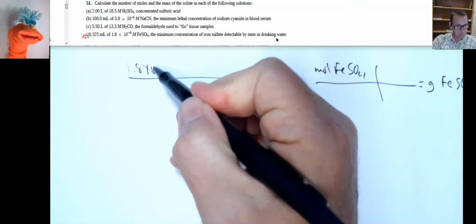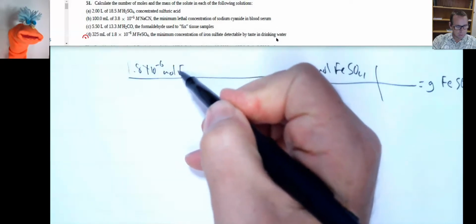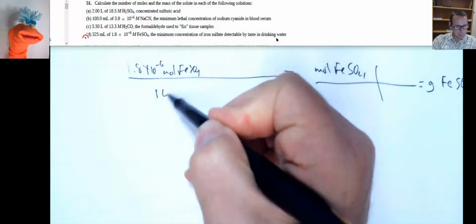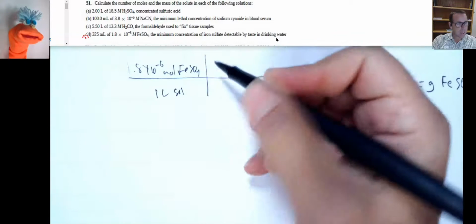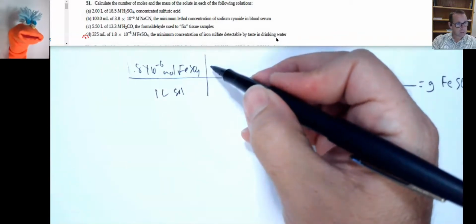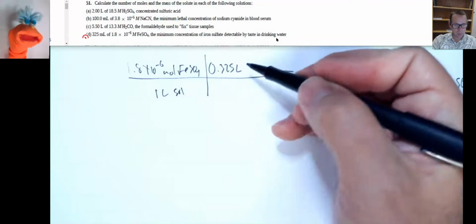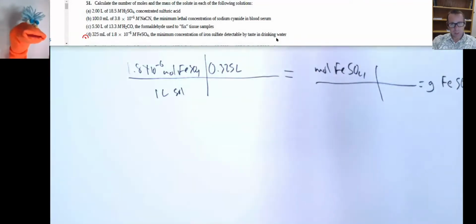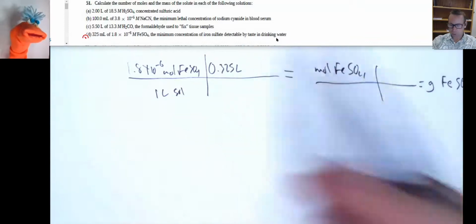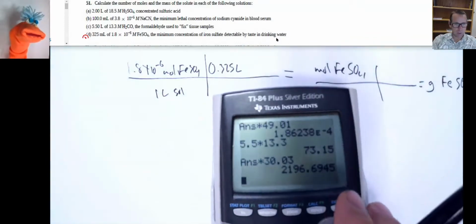1.8 times 10 to the minus 6 moles of iron sulfate for every liter of solution. And I have 325 milliliters. Is it okay if I go 0.325 liters? Yeah, that's okay for me. All right, so we have to get to that point where we're comfortable doing that, going between milliliters and liters.